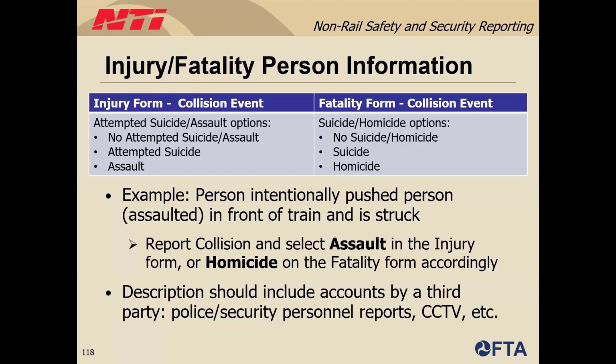Make an appropriate selection and ensure the selection is corroborated in the event description by third-party accounts, police reports, CCTV, etc. For example, if a person is intentionally pushed in front of the train and is thereby assaulted, and the train strikes the person, you would choose assault on the injury form or homicide on the fatality form accordingly.